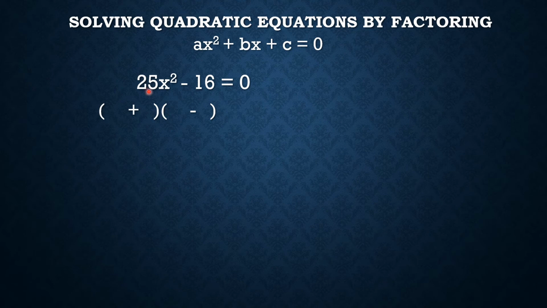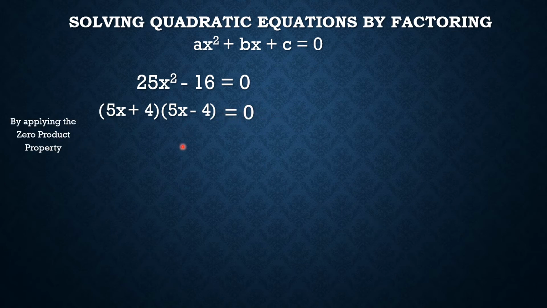So, we just simply need to get the square root of 25x squared and 16. And so we have 5x plus 4 times 5x minus 4 equals 0. By applying the zero product property, we have 5x plus 4 equals 0, 5x minus 4 equals 0.